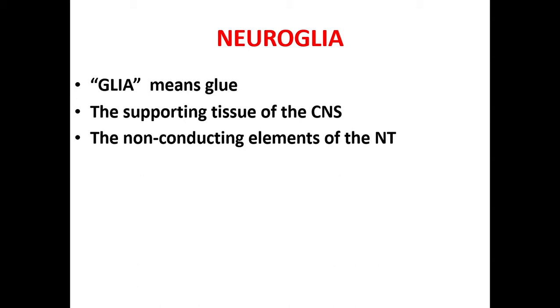So they glue together the nerve cells and the neuroglial cells plus the loose areolar connective tissue. So glia means glue, and the whole of it, neuroglia, is the supporting tissue of the central nervous system. And these are the non-conducting elements of the nervous tissue.